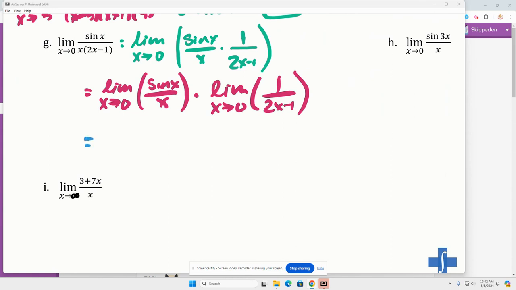So now, what is this first limit going to be equal to? Just 1.